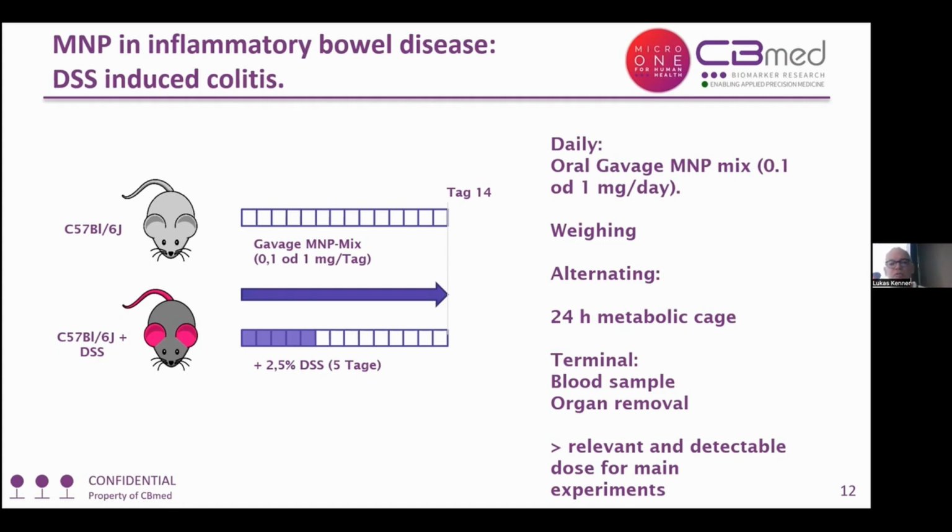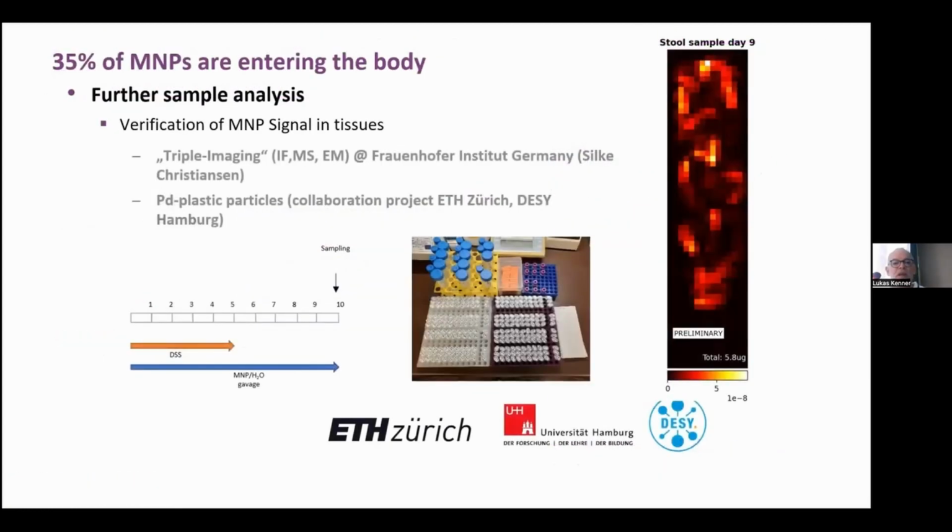I'm very used to this model because I worked with it for some time. We have a collaboration with the ETH in Zurich and DESY in Hamburg. They have a big synchrotron, and we got plastic particles with a metal core, a palladium core, and there we could do an input and output measurement, and here we just show the stool samples.